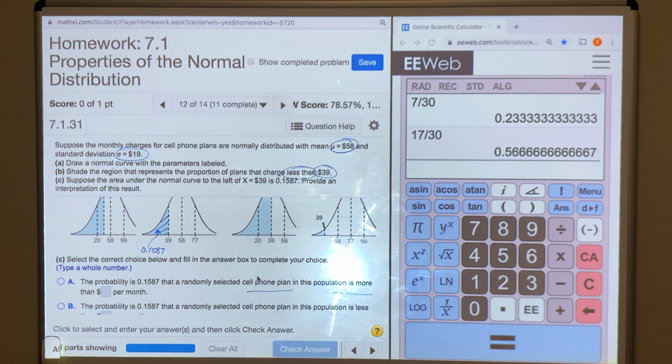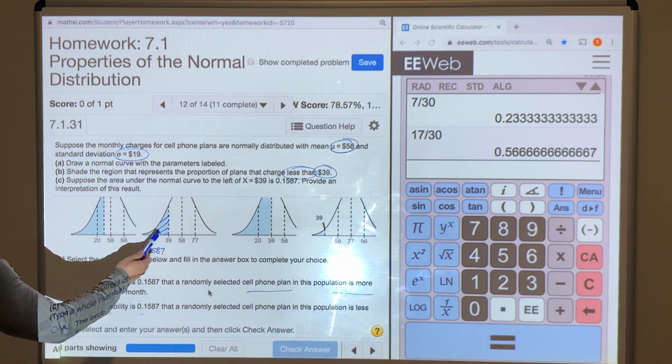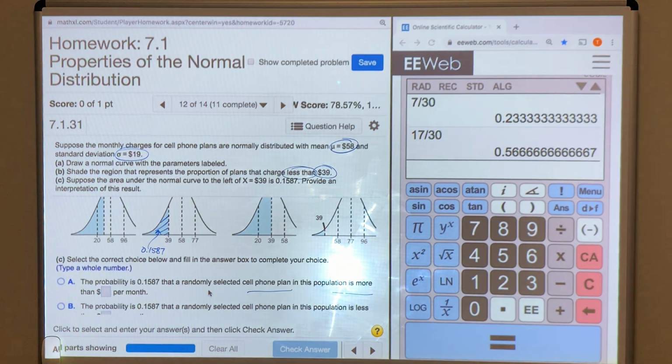So how can we restate that? Let's look at A. The probability is 0.1587 that a randomly selected cell phone plan in this population is more than $39 per month. No, less than. This corresponds to less than, so it's not more than.